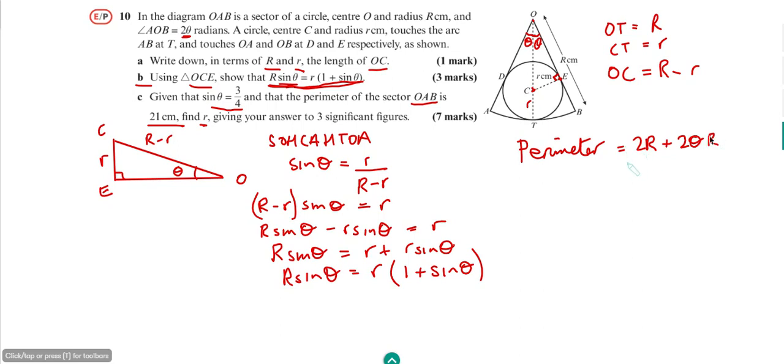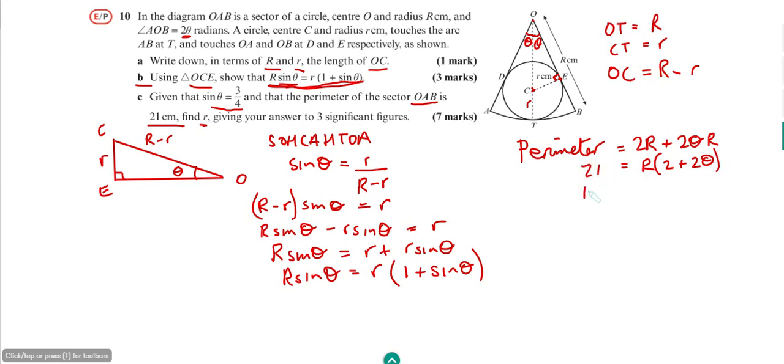So I'm going to just factorise that. I'm going to say that that's equal to R, take that out as a factor, and then I'm going to keep the 2 and the 2 theta in here, because what I'm going to try and first of all do is find a value for big R, or an expression for big R. So we can say that's equal to 21, because we're given that in the question.